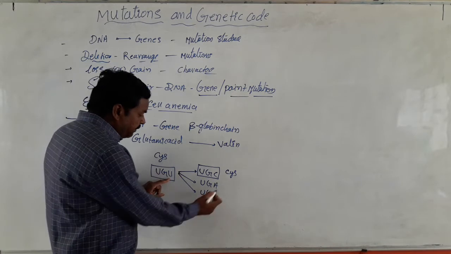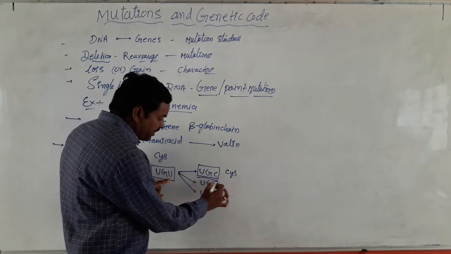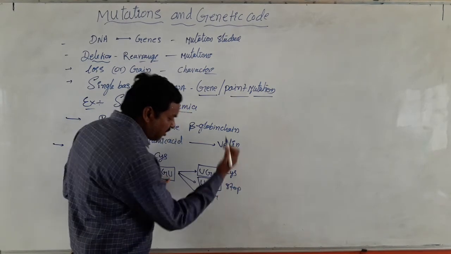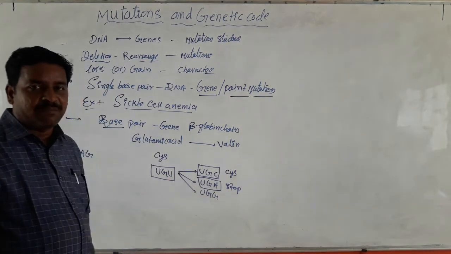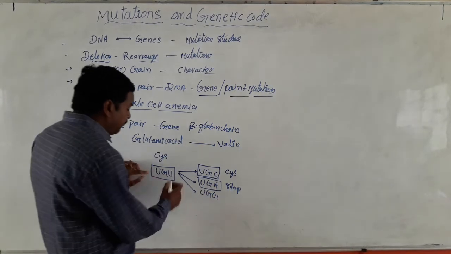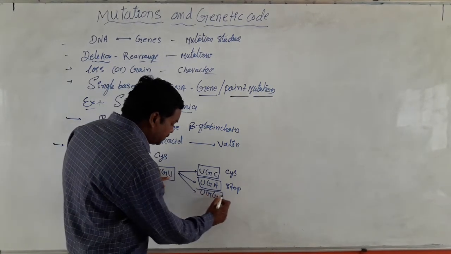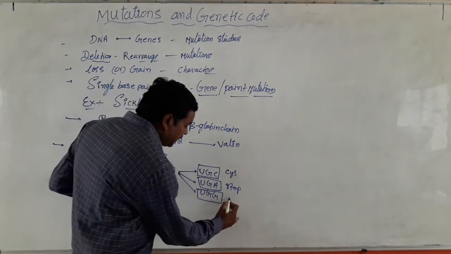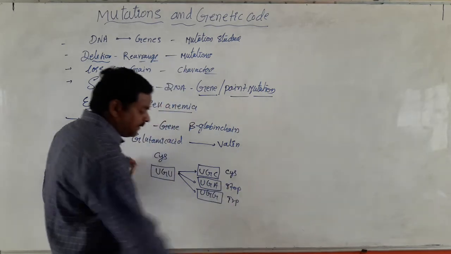When this U is replaced by A, it leads to the formation of UGA. This is a stop codon. The polypeptide chain will be stopped because of this change. And when U is replaced by G, it leads to the formation of another codon, UGG. It recognizes tryptophan.